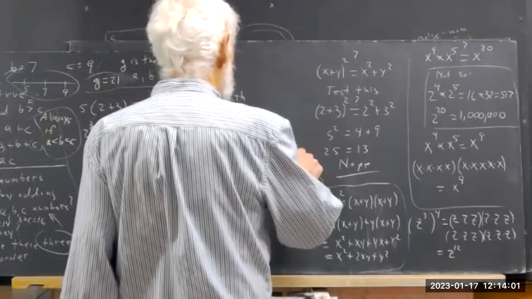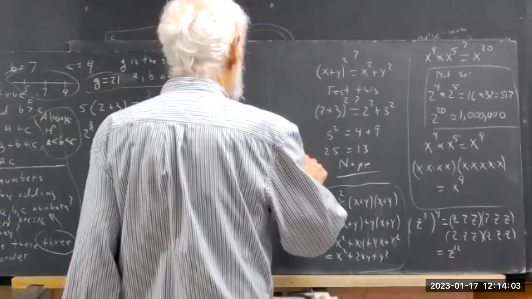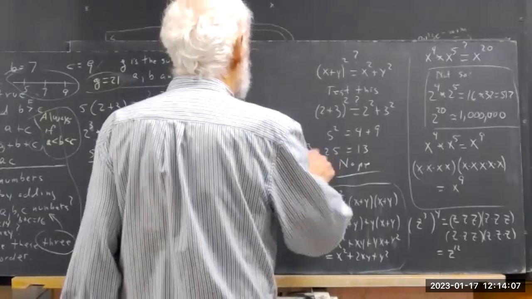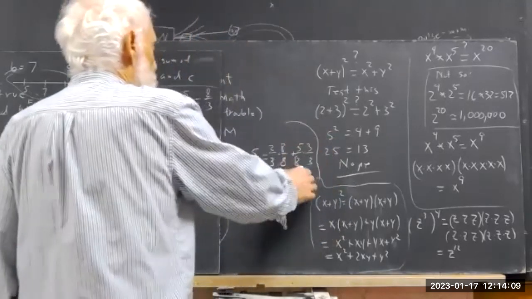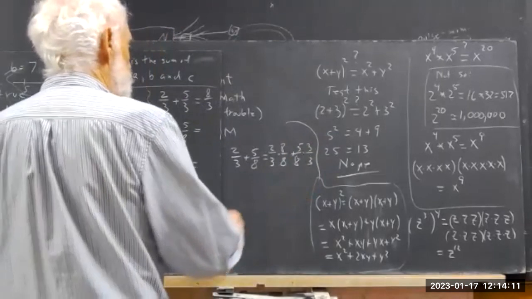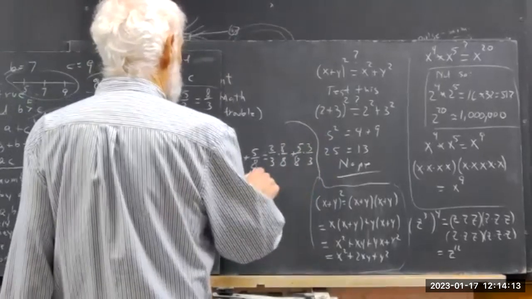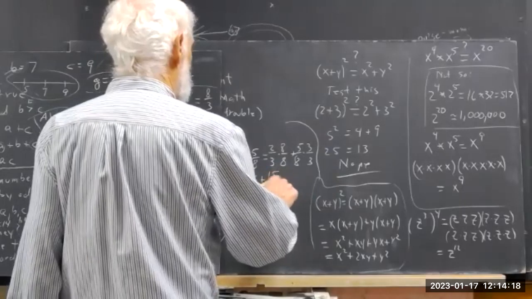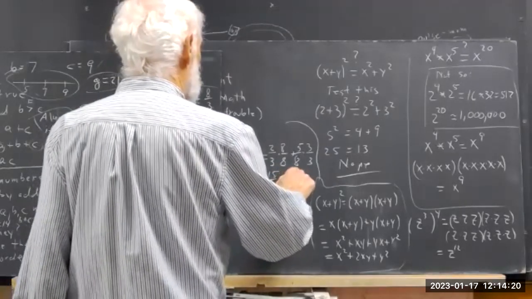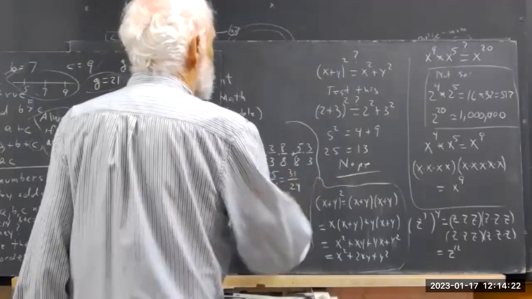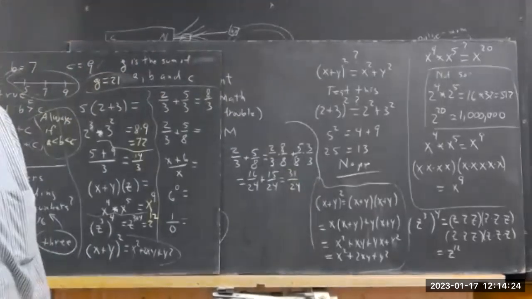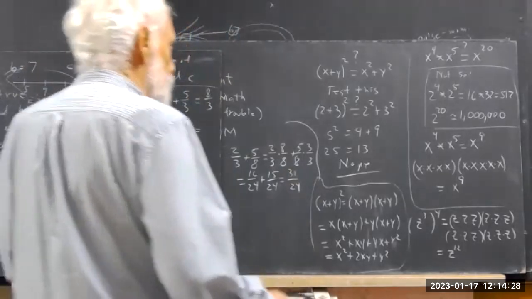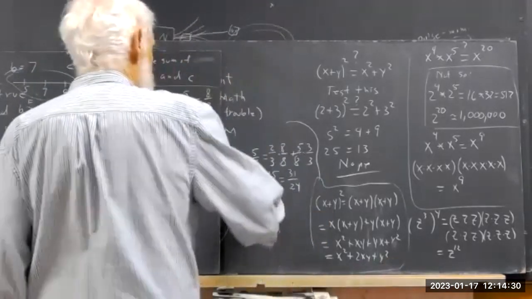And then it's going to be 5/8, multiply that by 3/3. So that is 16/24 plus 15/24, which is 31/24. Okay. And you could write that as 1 7/24.